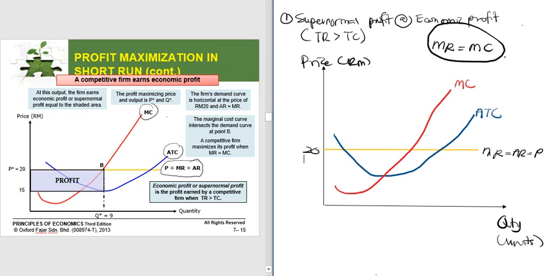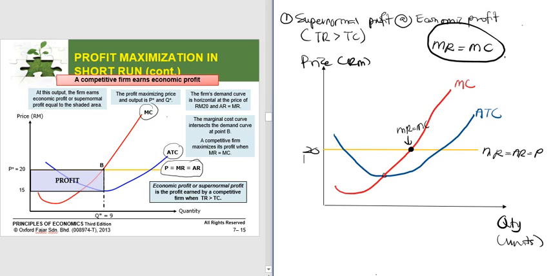This is the profit maximizing condition, the equilibrium point. So you find the profit maximizing point in this graph. MR equals MC is here. Let me label this MR equals MC.